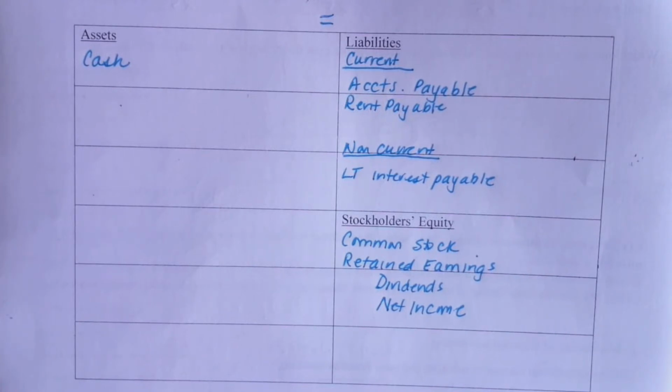And then net income is going to be in the operating activities section.